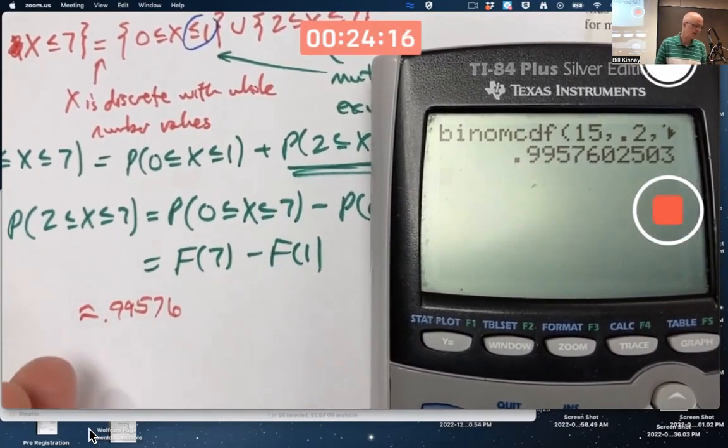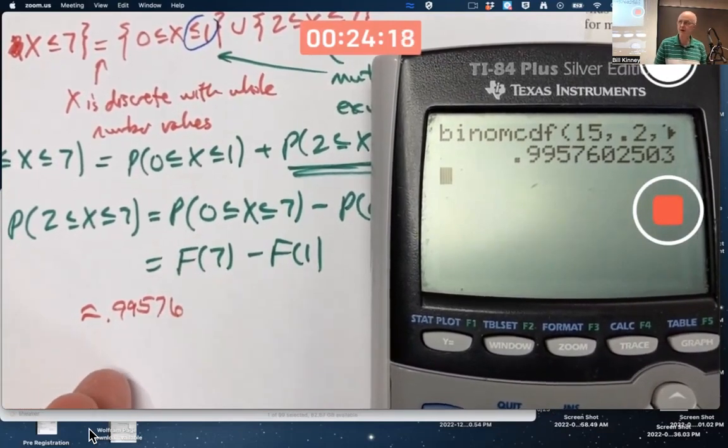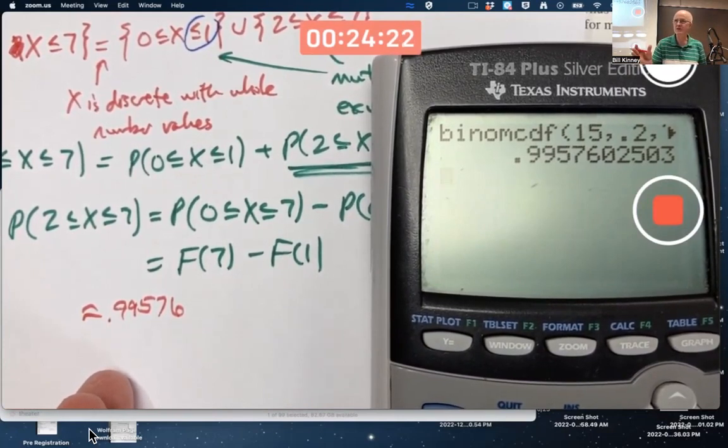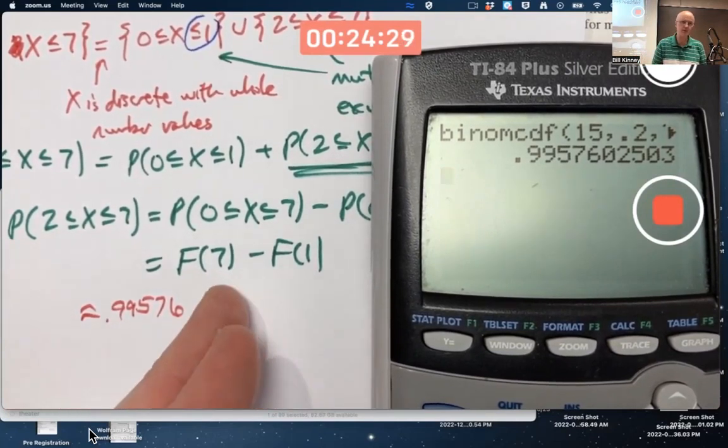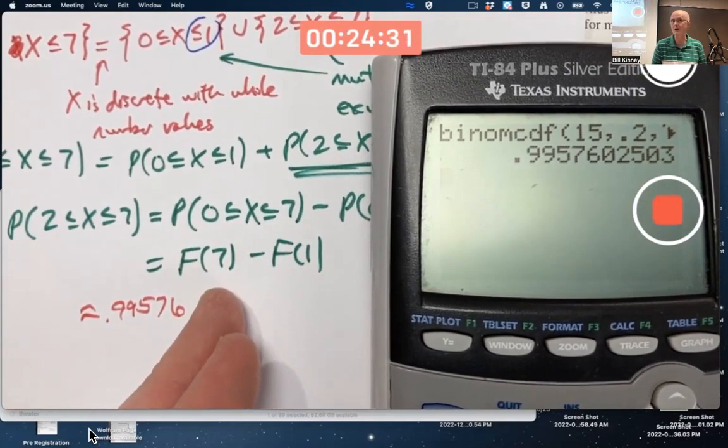That's your probability of getting less than or equal to 7 for X. Right, 7 in 15 trials, 20% chance of success. On average, you're going to have 3 successes in 15 trials. So your probability of being less than or equal to 7 successes should be close to 1, and it is.